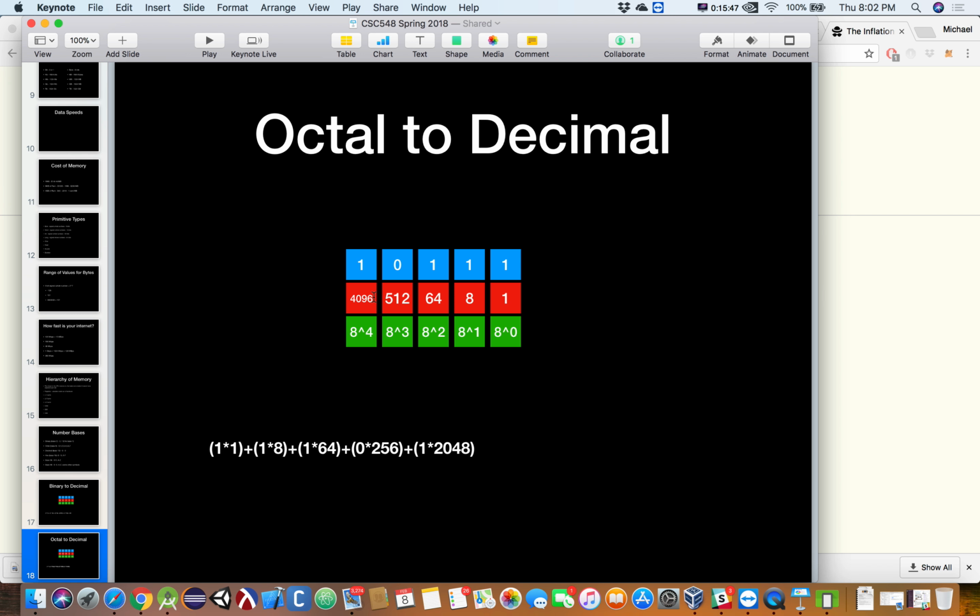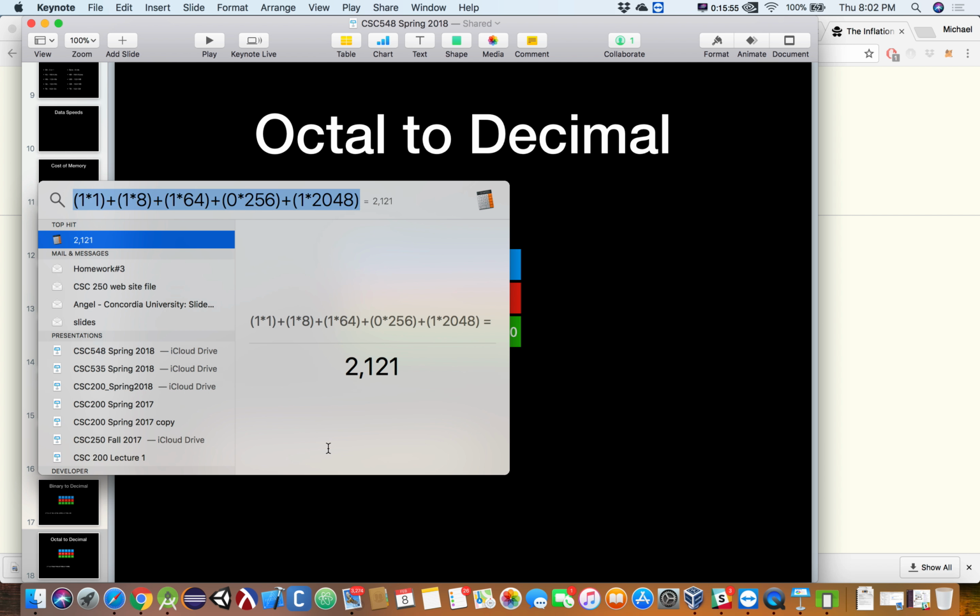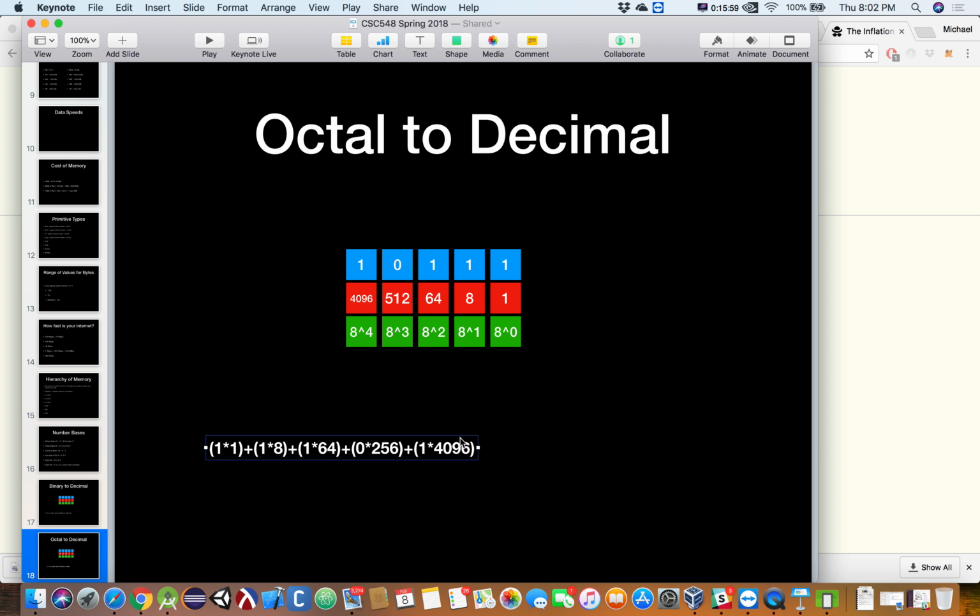My other number, 2048, was times 8. So this is 4096. So 4,169. Right, so 10111 in octal is equal to 4,169 in base 10.